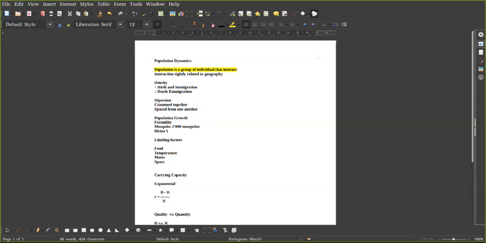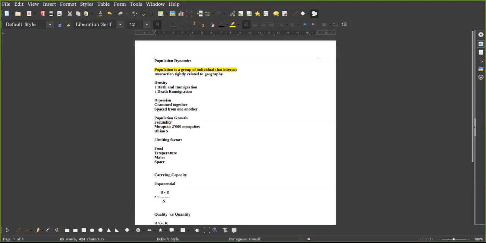So the food would be an invertebrate, because females suck the blood out of the vertebrates. Temperature, they need to be hot so that they can reproduce. The mates, they already had, and they needed space.